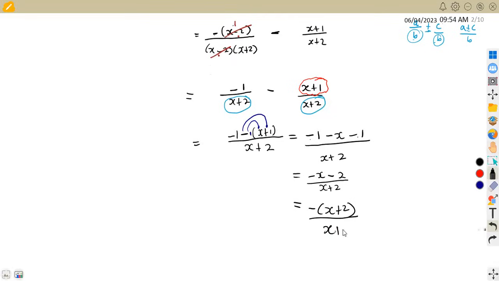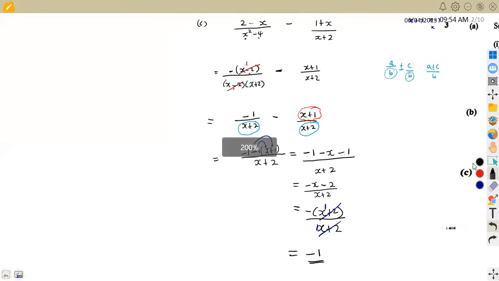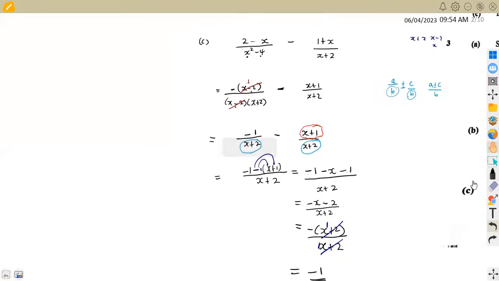Everything over x plus 2. So what do you see here? x plus 2 are the same. So this can cancel, meaning to say we've got negative 1 over 1, which is going to give us a negative 1. So this was going to give us a direct number, which is negative 1, not a fraction at the end. All right. So that is how we're supposed to attempt these typical questions.